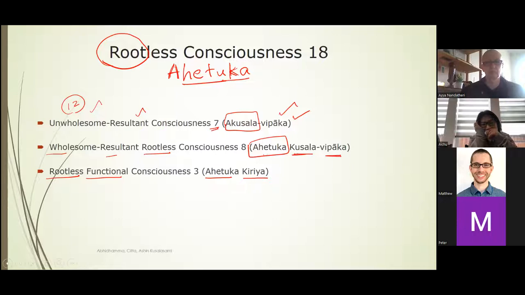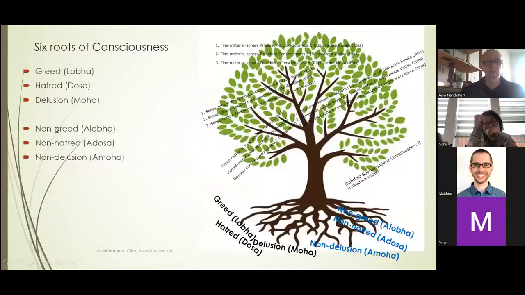If I try to explain a little bit about this, there are 6 roots of consciousness. The first 3: greed, in Pali lobha; second, hatred, dosa; and delusion, moha.